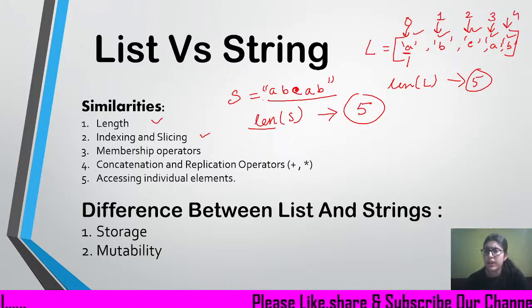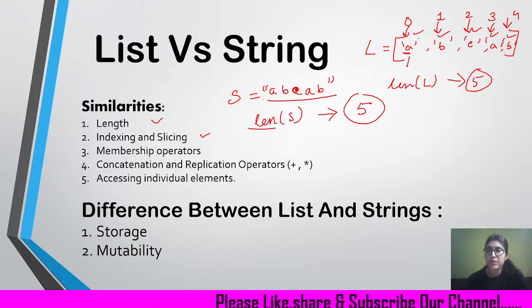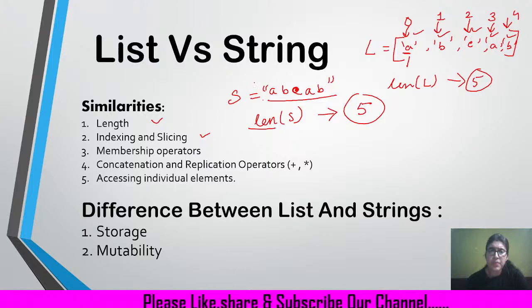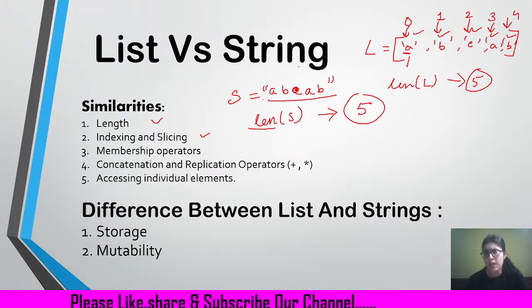So here A, B, C, then again A and B. A is indexed as 0, B is indexed as 1, C is indexed as 2, like this. So you can see the index part of a list is the same as a string.